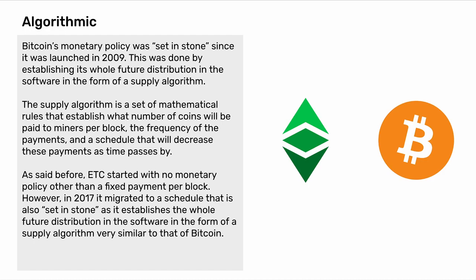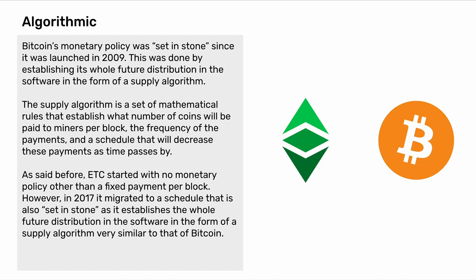Algorithmic. Bitcoin's monetary policy was set in stone since it was launched in 2009. This was done by establishing its whole future distribution in the software in the form of a supply algorithm. The supply algorithm is a set of mathematical rules that establish what number of coins will be paid to miners per block, the frequency of the payments, and the schedule that will decrease these payments as time passes by.